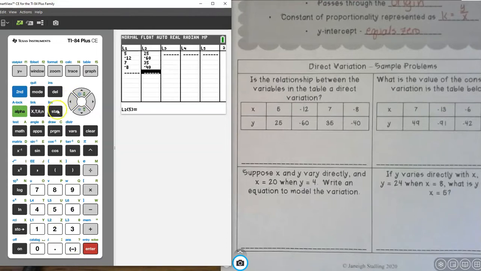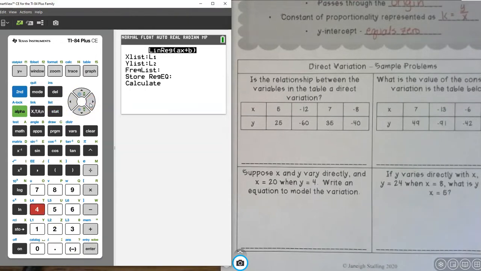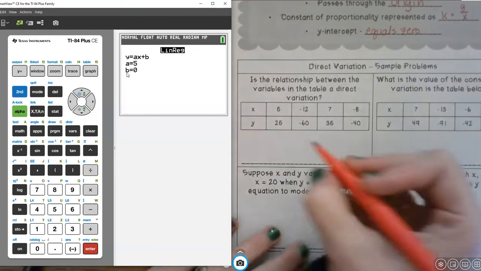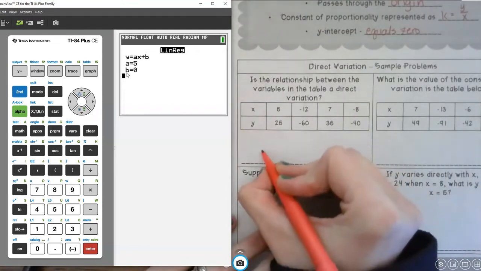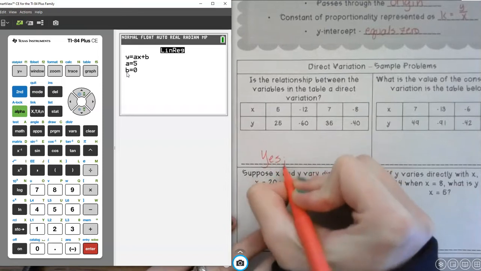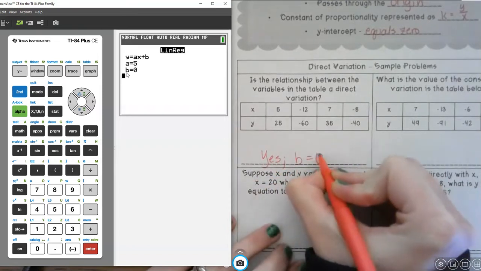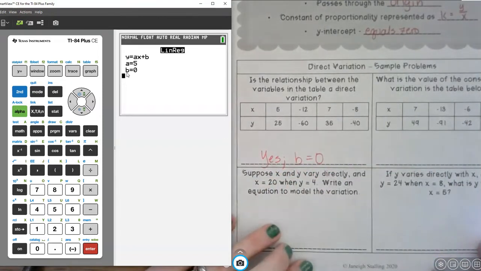And if we do stat calc 4, we can see the equation for this table. What we're looking for is, does b equal 0? If b equals 0, that means this is a direct relationship, a proportional relationship. So yes, this one is direct variation, and it is because b equals 0.